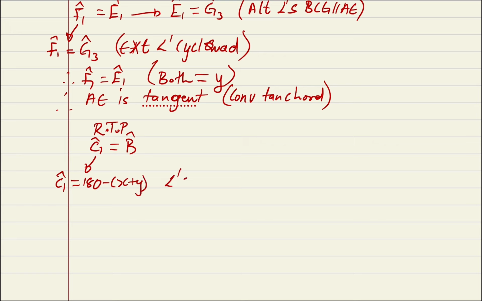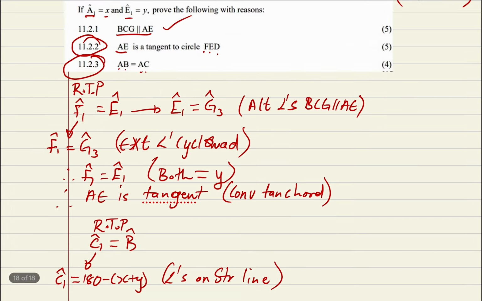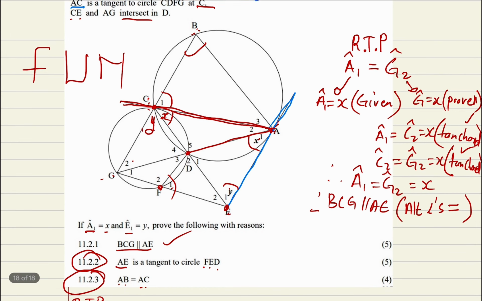These are angles on a straight line. When I add all of these, I get C1.